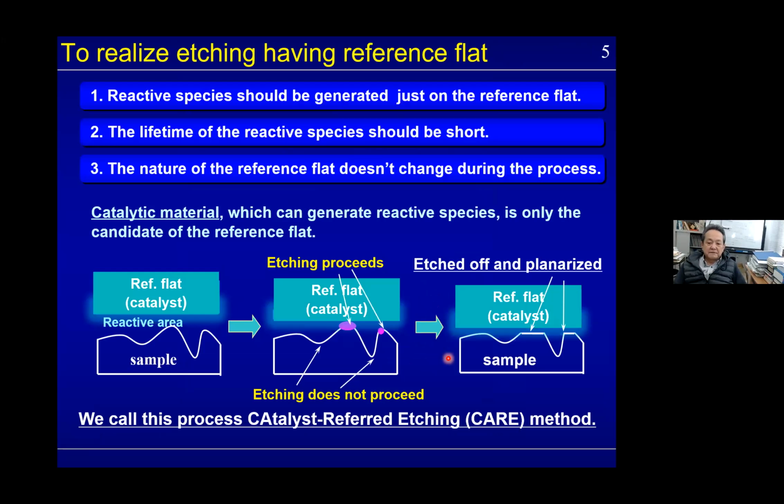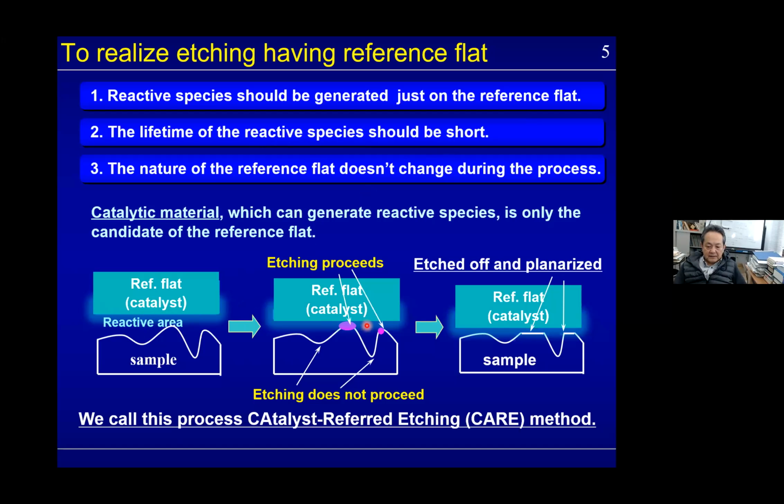To realize this kind of chemical etching method, the following three points are very important. First, reactive species should be generated just on a reference flat. And the lifetime of the reactive species should be short. Then the reactive area is concentrated just on the surface of the reference flat.